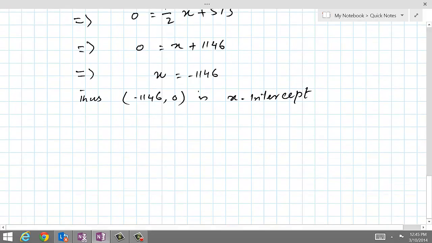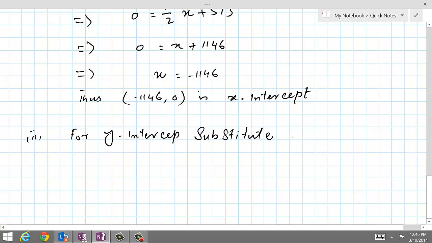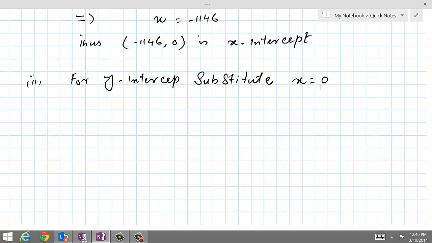And for the y-intercept, we are going to place x equal to 0. For the y-intercept, substitute x equal to 0, because on all of the y-axis, x is always equal to 0.